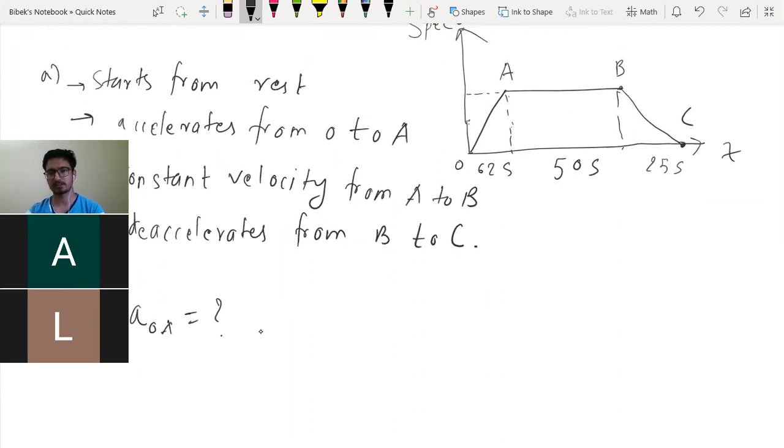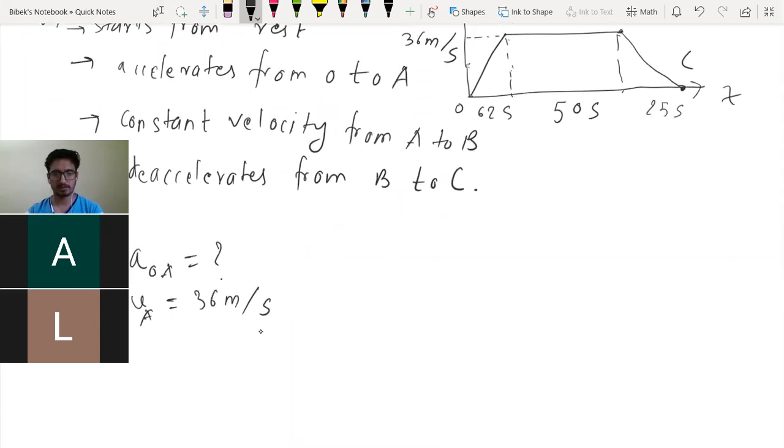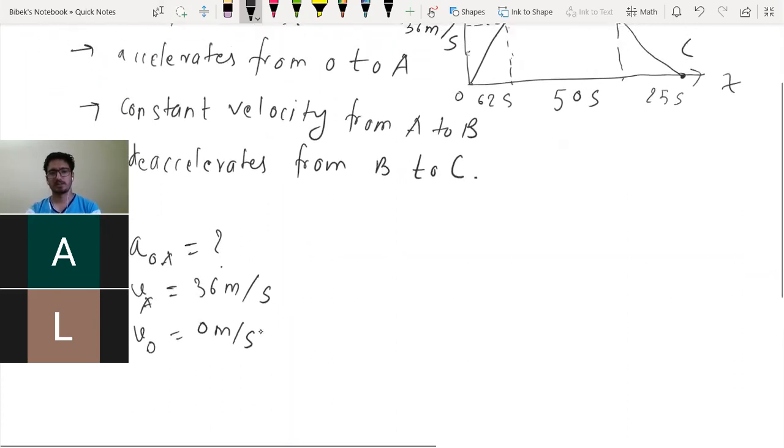So this is the maximum velocity or maximum speed, the magnitude, and that is 36 meters per second. So the velocity at point A is 36 meters per second. And initially at O, its velocity was 0 meters per second because it was at rest.